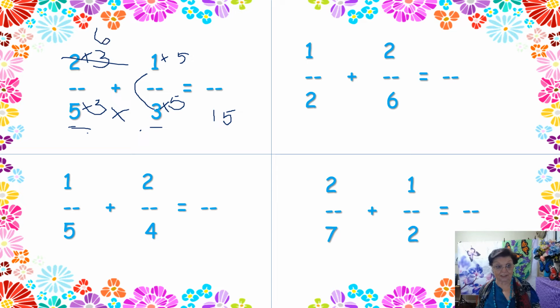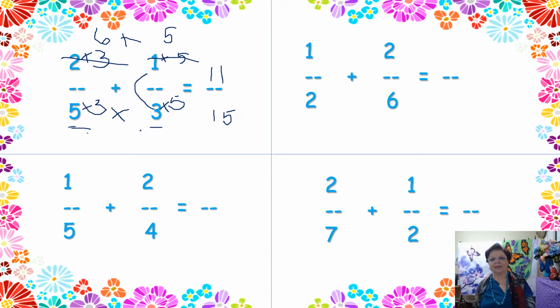Cross that out and put the 6, plus 1 times 5 is 5. Now, what is 6 plus 5? That's right. It's 11. 11/15.